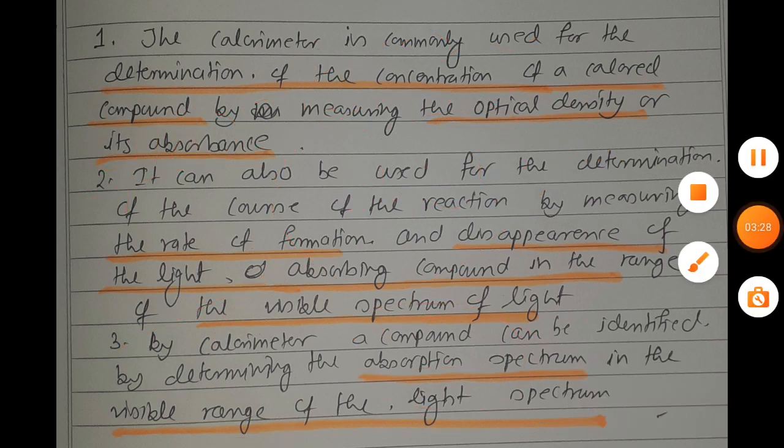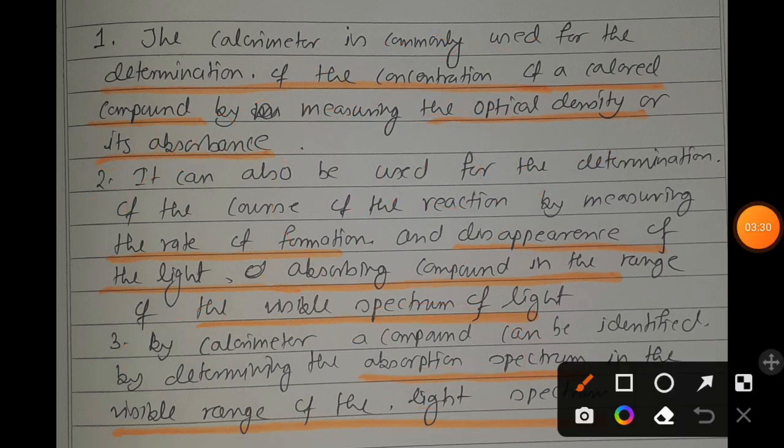Okay, so this is the application part of the colorimeter.